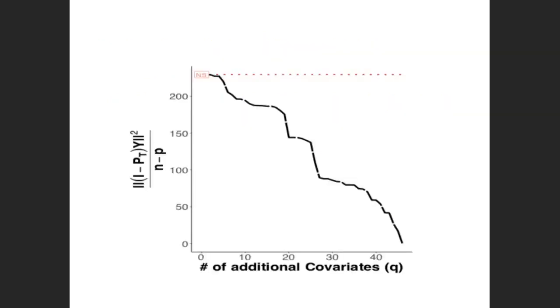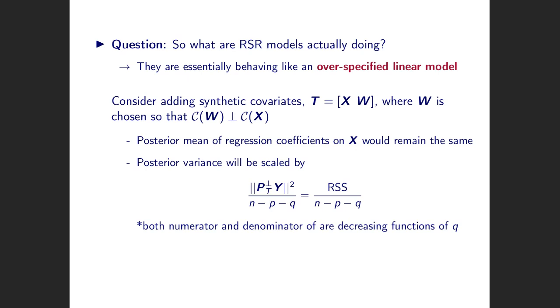Both the residual sum of squares, the RSS, the numerator of the posterior variance, and the denominator are both decreasing functions of Q.